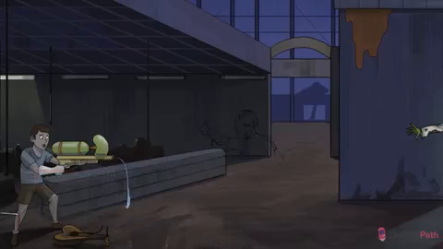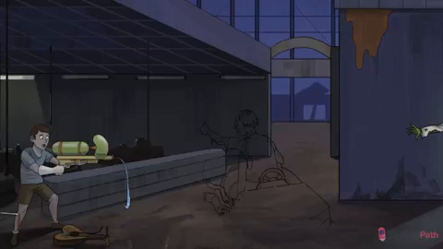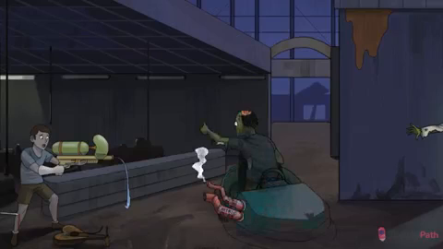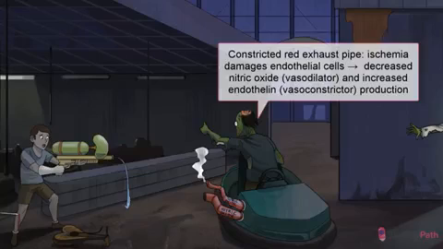It's not just the tubular cells that are affected by this hypoxic state, by the way. Okay, we've got another zombie. He's here to remind you that the vasculature feels the ischemia too. The endothelial cells lining the afferent arterioles are damaged, leading to diminished nitric oxide production and an increase in endothelin.